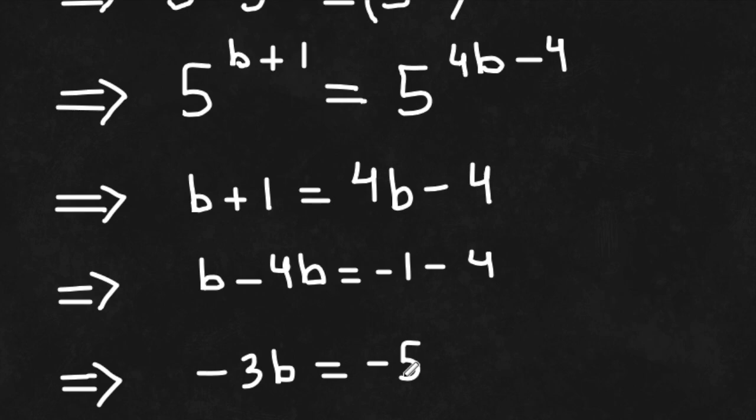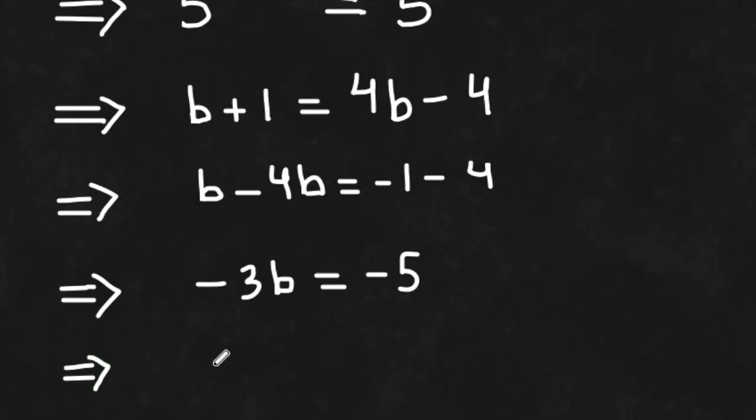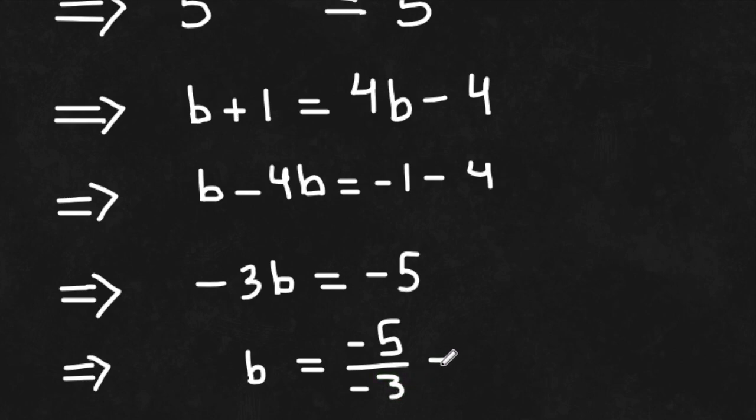Divide by minus 3 on both sides, we get on the left hand side just b, since minus 3 is cancelled with minus 3, and on the right hand side we get minus 5 divided by minus 3. Cancel out the negative signs, we get the final answer is 5 by 3.